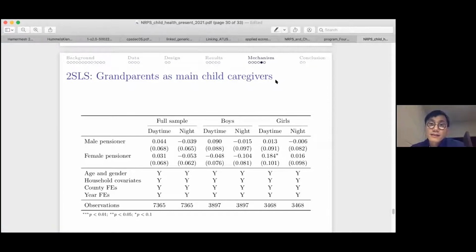The question we are testing here is who the main child caregivers are during daytime and nighttime, and this does not change much, at least in our findings. So I agree that it's kind of a preference or the knowledge to take care of the children, because as we show, more than 30% of the children were mainly taken care of by their grandparents before the NRPS.